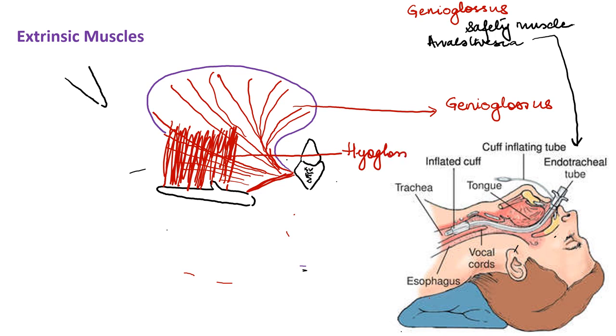A quadrate shape muscle which moves from the upper surface of the greater cornu of the hyoid bone and the body of the hyoid bone to get inserted into the dorsum and the side of the tongue.